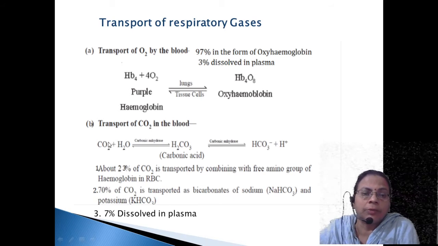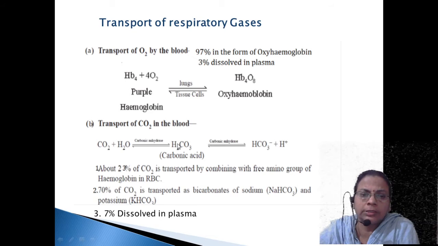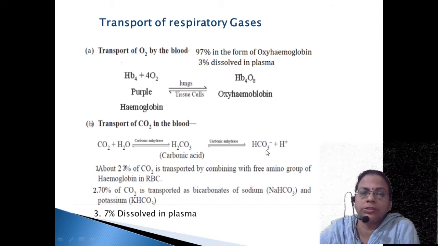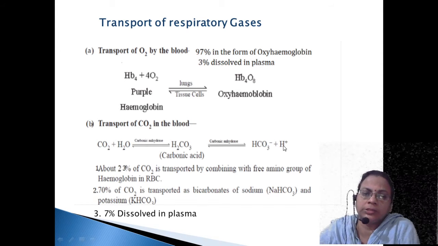Carbon dioxide combines with water and forms carbonic acid, and in the presence of carbonic anhydrase again, H2CO3 will split into HCO3 minus plus H plus.